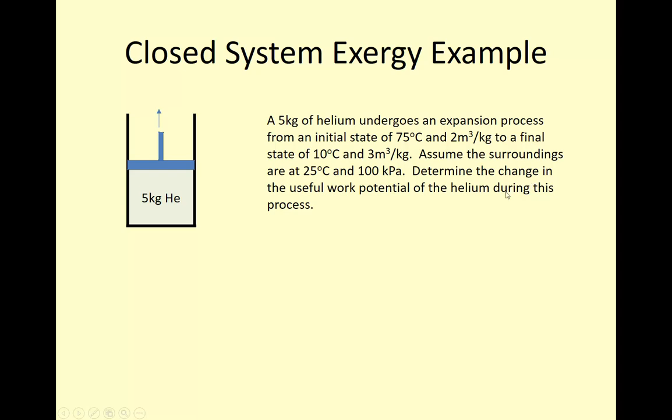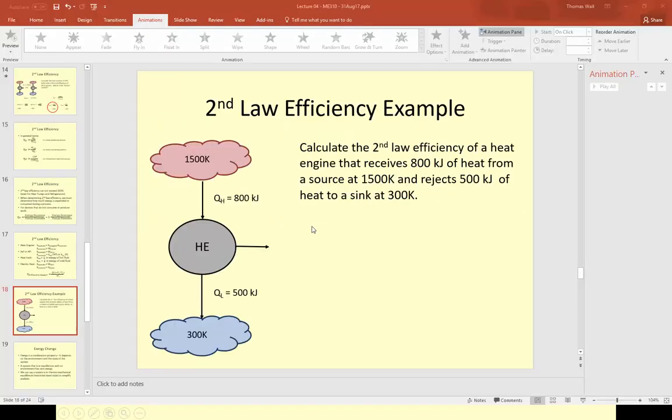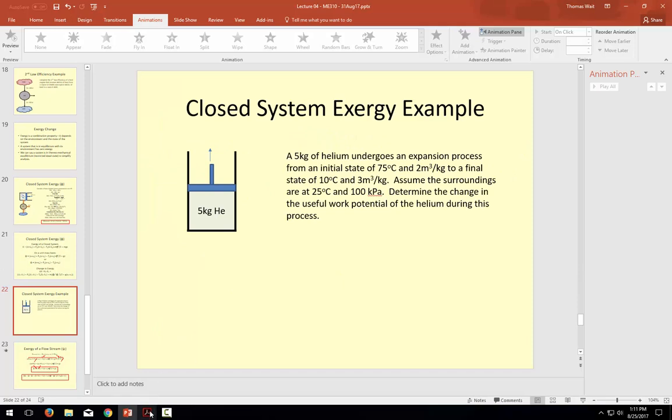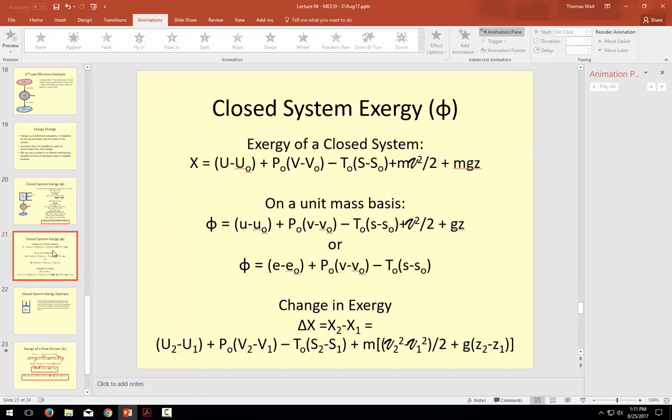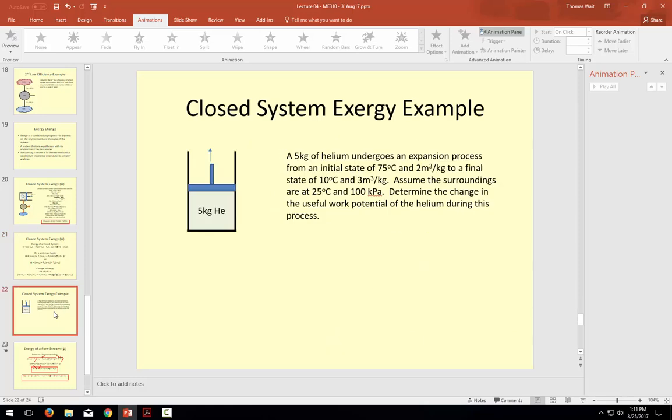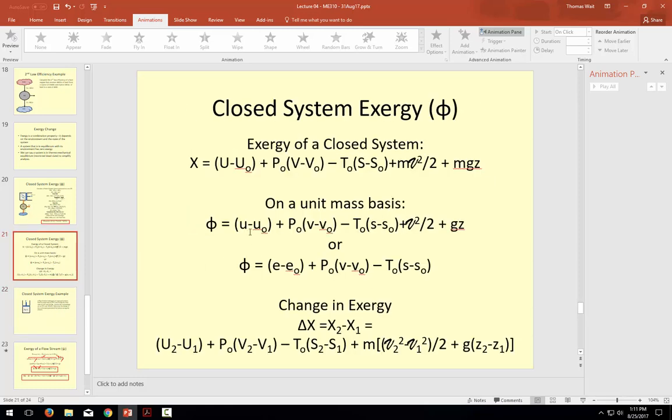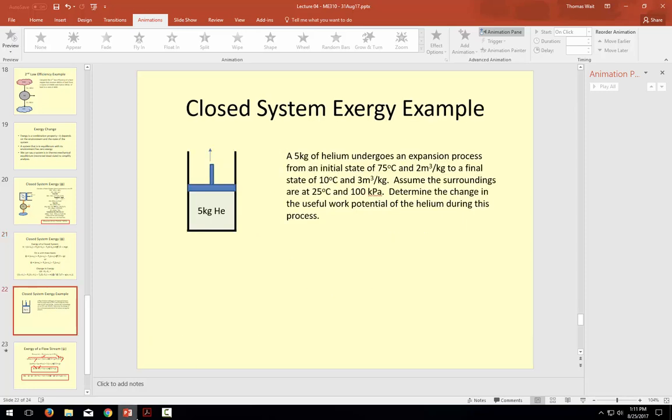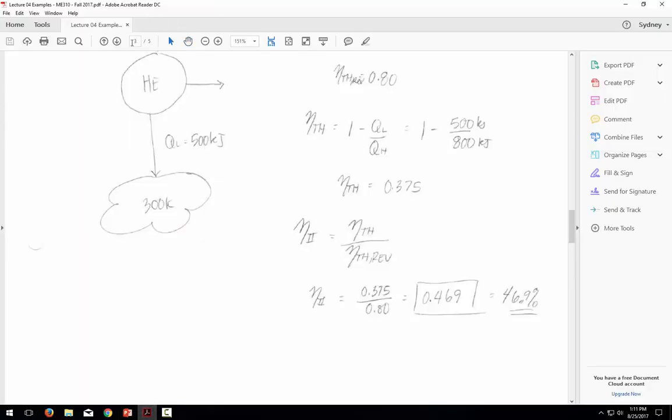So we need to determine the change in the useful work potential of the helium during this process. Since this is a closed system, we can use the closed system exergy analysis, and we're given a mass, so we can use it in this form and then multiply through by the mass, or we could do it in this form directly.